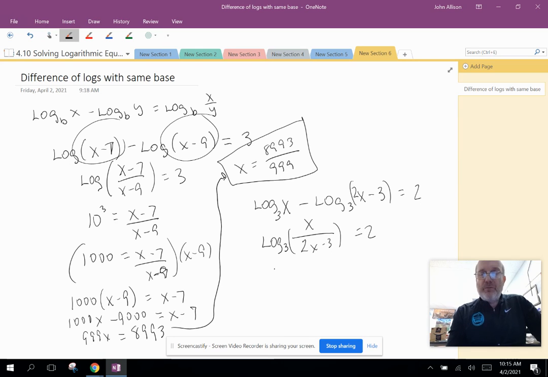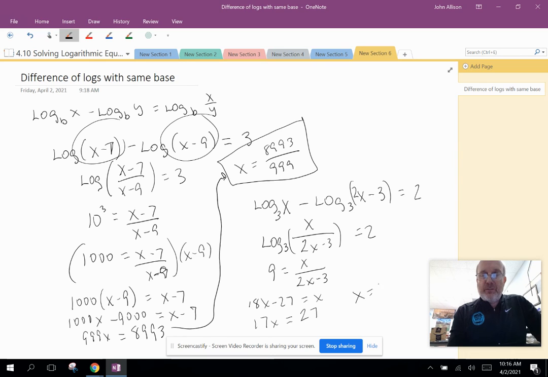We can convert to exponential form and get 9, because 3 squared is 9, equals x over 2x minus 3. If I multiply both sides by 2x minus 3, I get 18x minus 27 equals x. Now subtract x from both sides and get 17x. Add 27 to both sides and get 27.